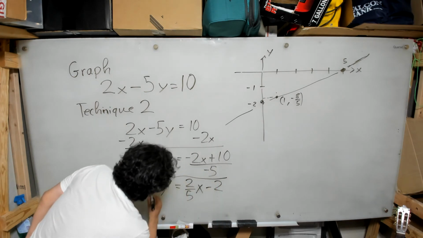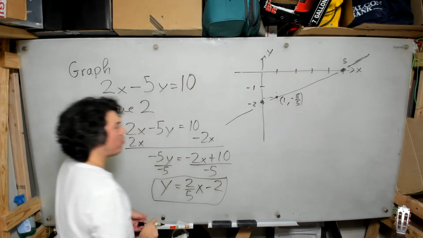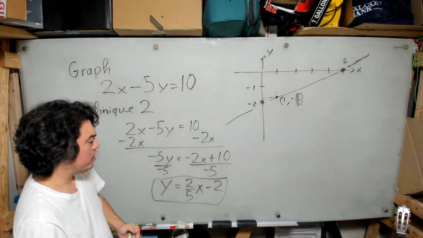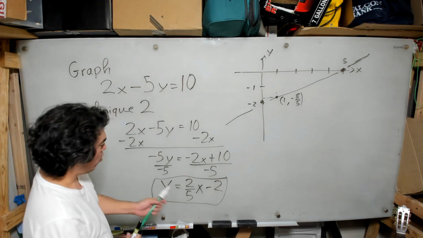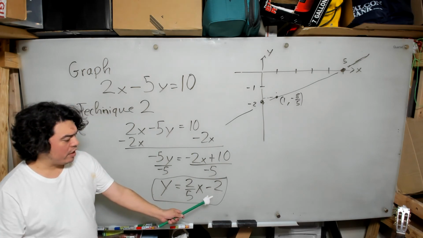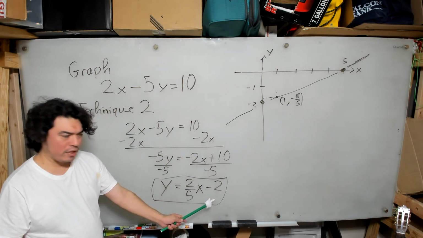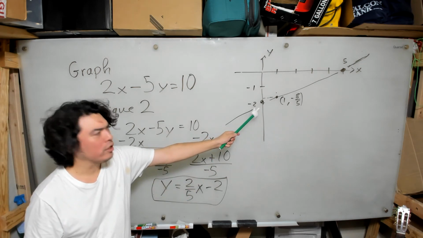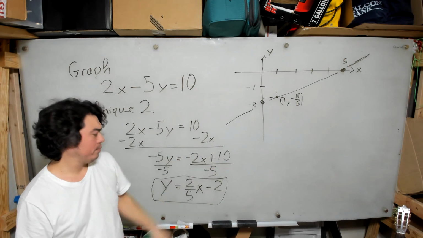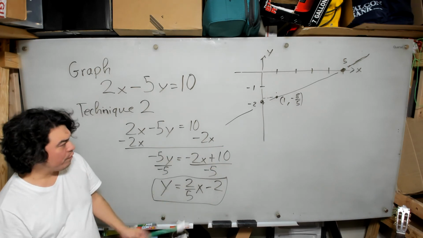And we can see that this is entirely consistent with what we have here. First of all, the y-intercept of our slope-intercept form is negative 2. That is indeed what our graph's y-intercept was. We can see that the slope is 2/5.